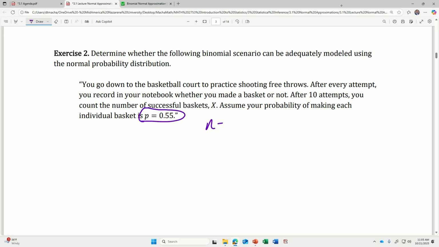What's my n? 10 attempts, 10 Bernoulli trials. So my mean of this binomial distribution is n times p, which is going to be 5.5.